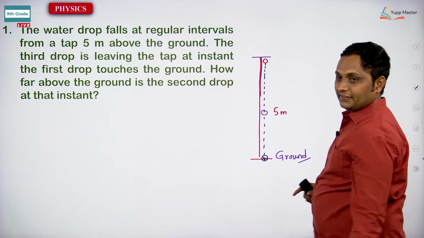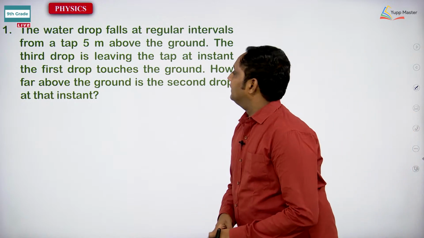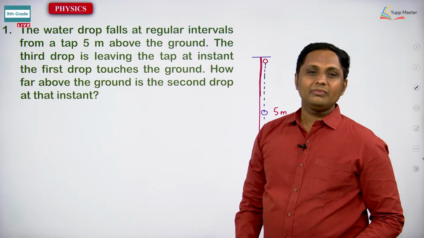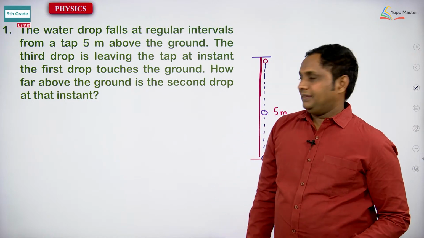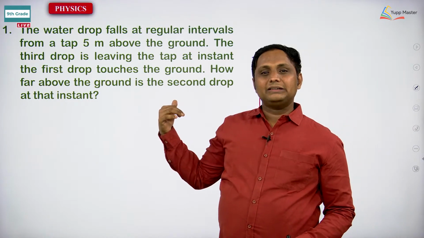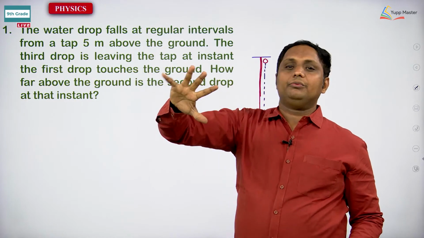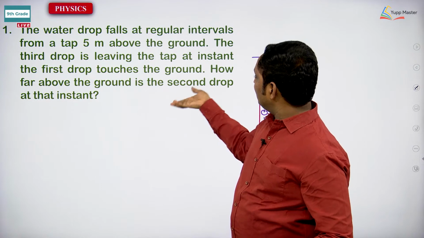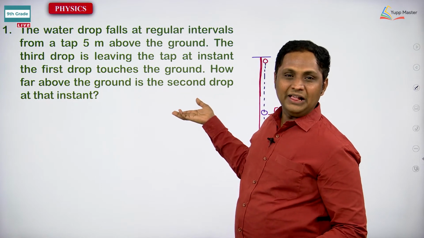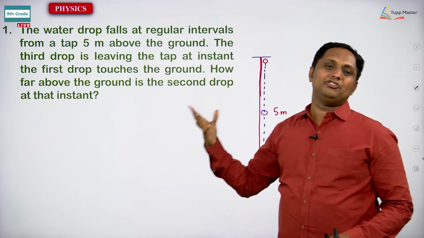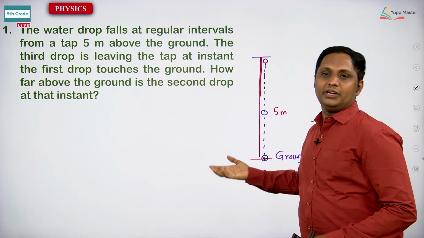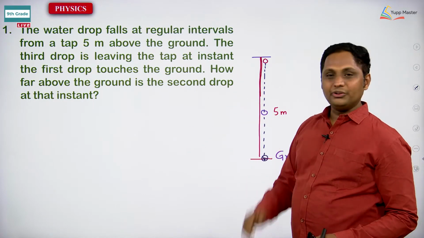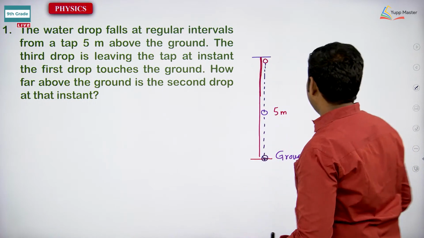All right. What they are asking, just you can see that, 5 meter above the ground. They are going to ask the position of the second drop above the ground. Simply they want to know the position of the second drop with respect to the ground. Okay, let us take that.